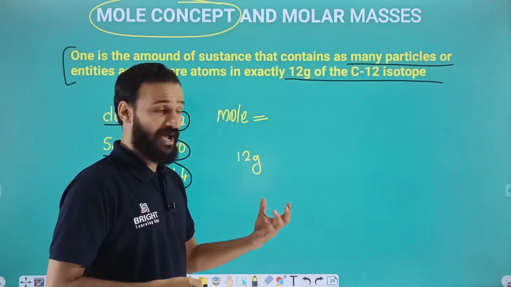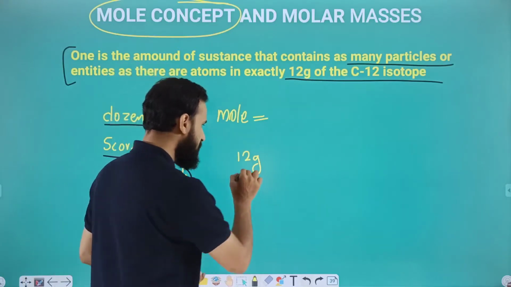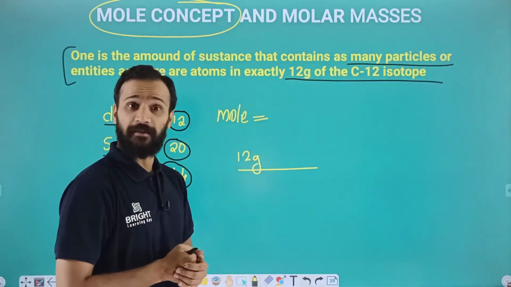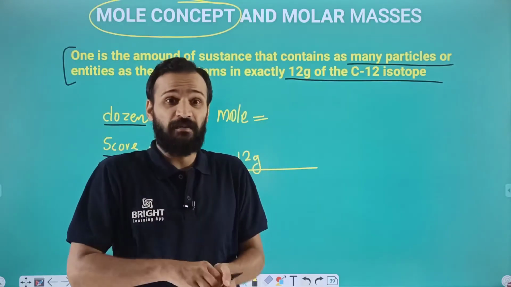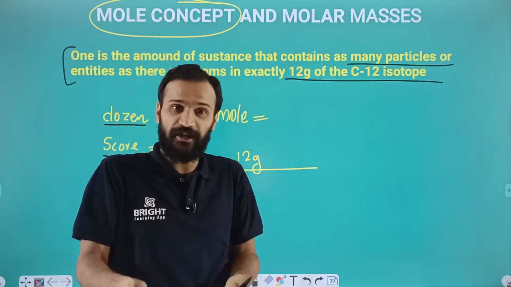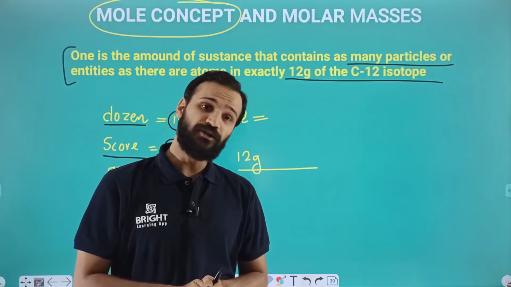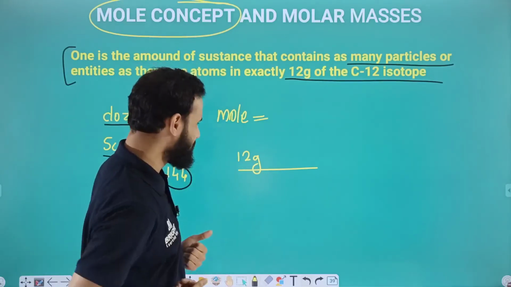In per mole, we have to take 12 gram per mole of carbon 12 atom, divided by what? The mass of 1 carbon 12 atom in gram. So do you know what is the mass of 1 carbon 12 atom? We are going to discuss that.